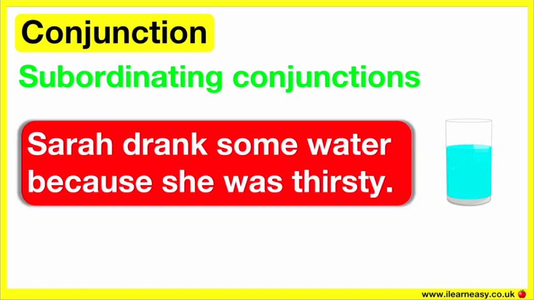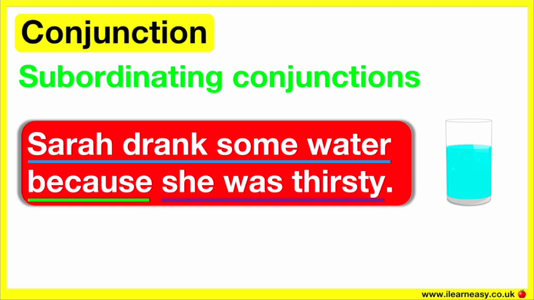For example, Sarah drank some water because she was thirsty. In this example, the independent clause comes first: Sarah drank some water, followed by the subordinating conjunction because, and then the dependent clause, she was thirsty.